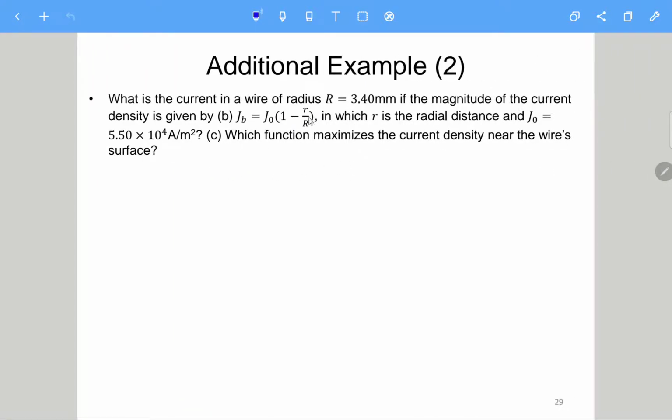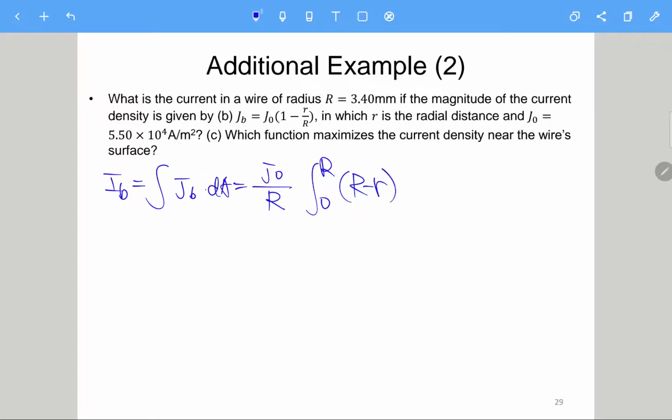And this is the other case. IB will be the integration of JB dot dA. Everything follows, and it turns out to be J0 over R, integrated from 0 to R, with capital R minus r times r dr, if you just substitute JB like this, and then we have 0 to 2 pi d theta.